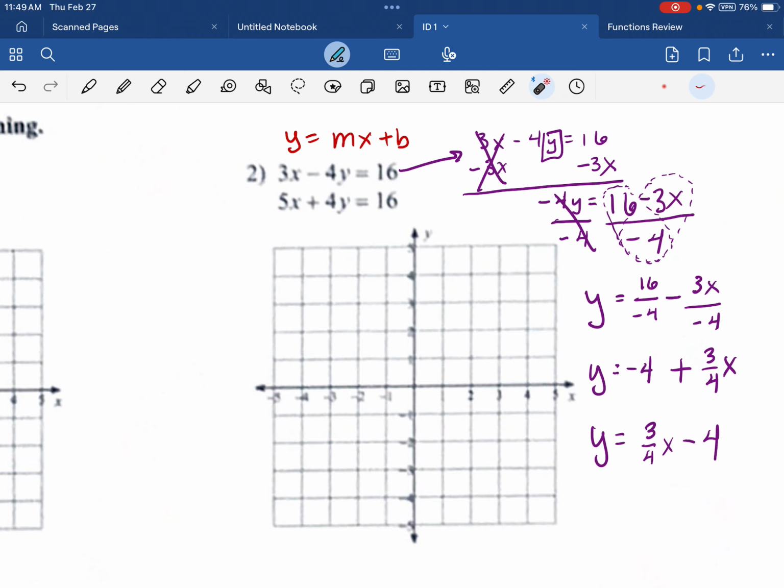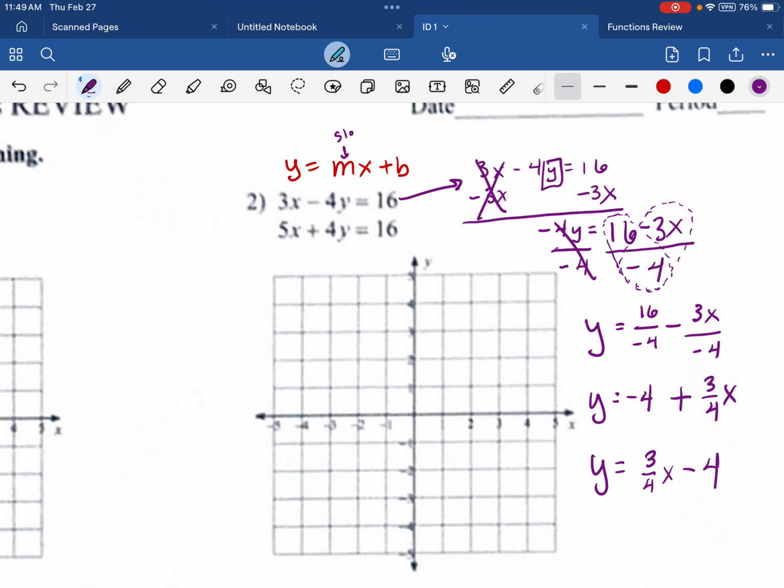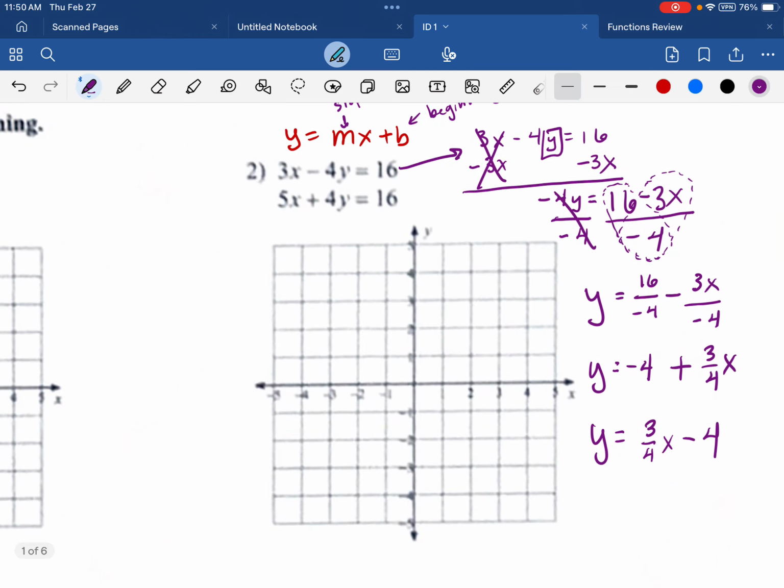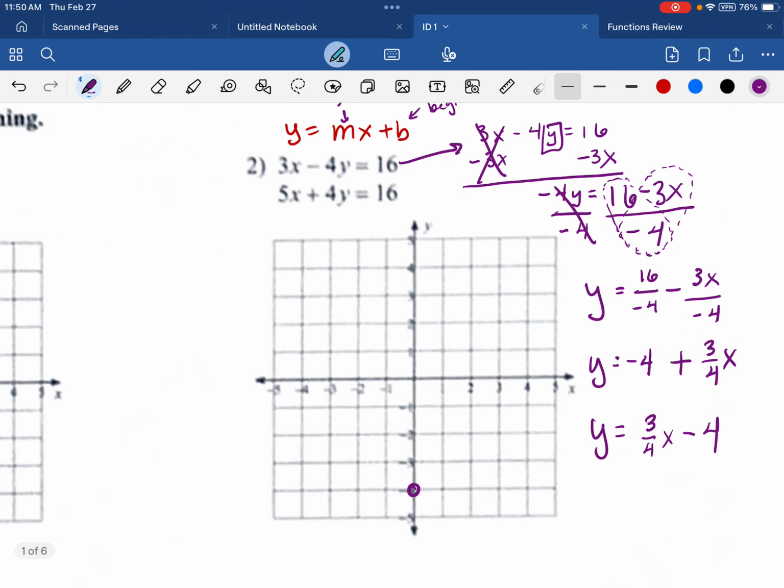All right, go team, let's graph this. Remember, m stands for slope, and b stands for beginning point. Oh, there's the bell. So my beginning point is going to be here at negative 4. That's my y-intercept. The y-intercept means it's going to cross on the y-axis.